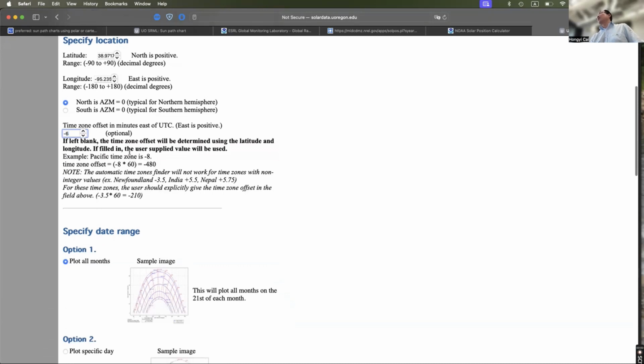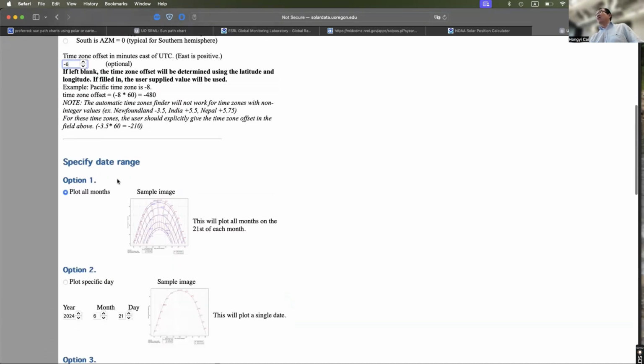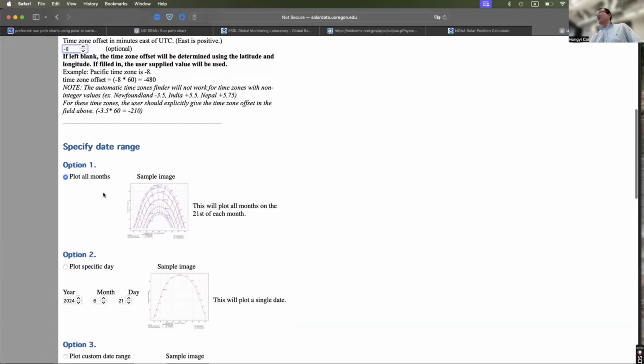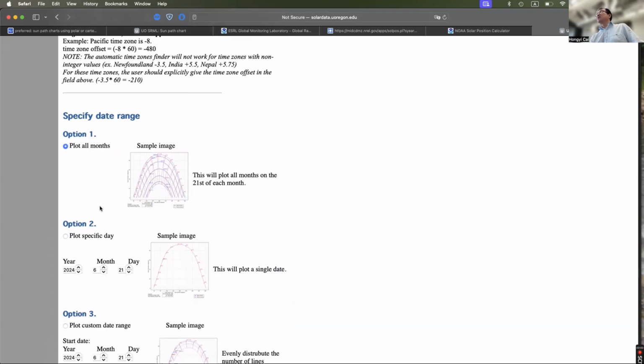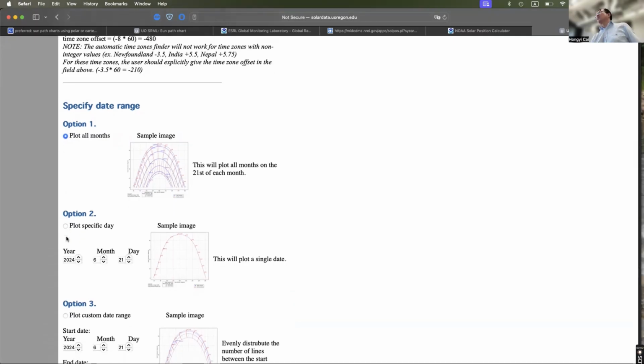And this is optional. You don't have to have this to do the plotting. And then specify the date range: plot all months, or you can plot a specific day. Do you want to plot all the months for the whole year or just for a single day? If you plot for the whole year, you have multiple lines.